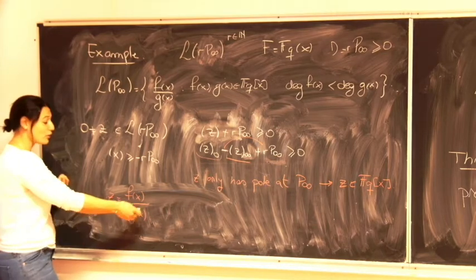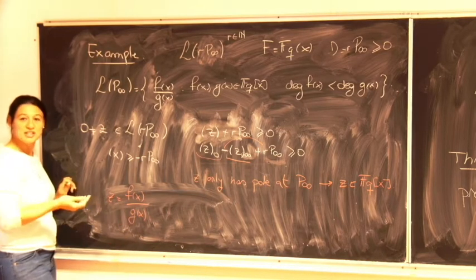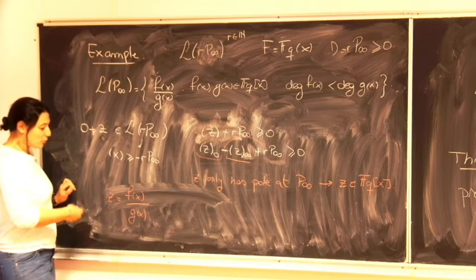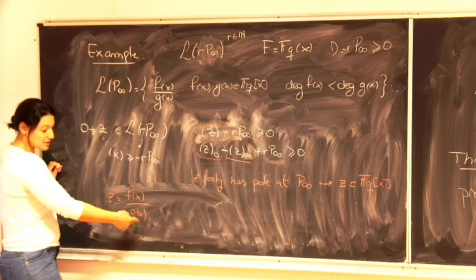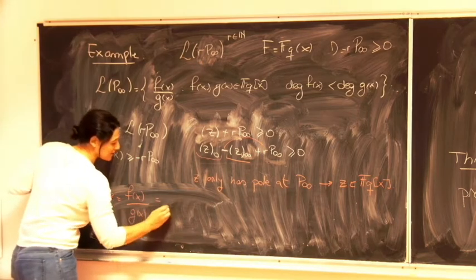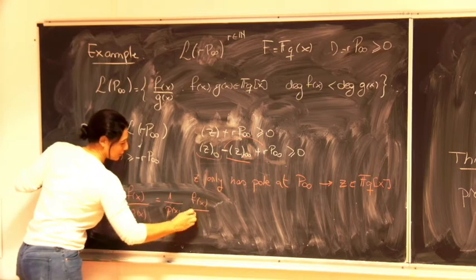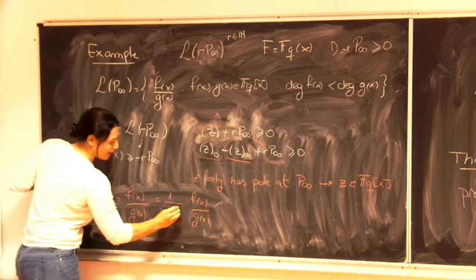So I don't have only constants. I have something else. For example, a monic and irreducible polynomial that divides g, and so I can write it as 1 over p of x, or at some power.